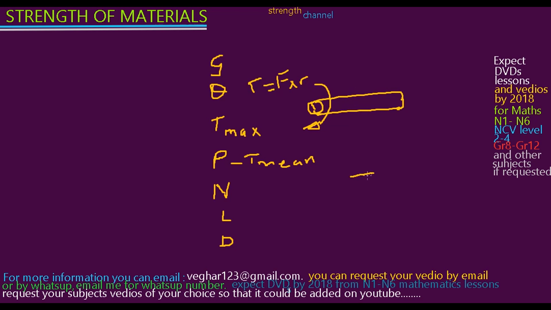When it twists, it changes the shape of the object slightly. It causes the angle to change, depending on how much.